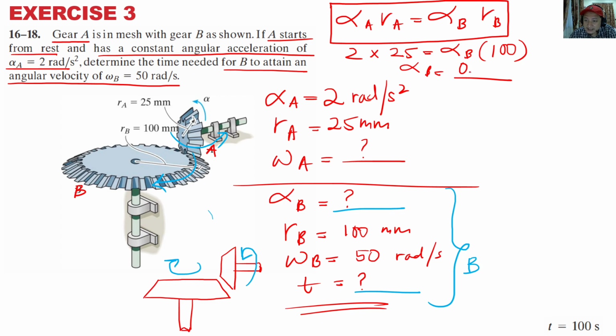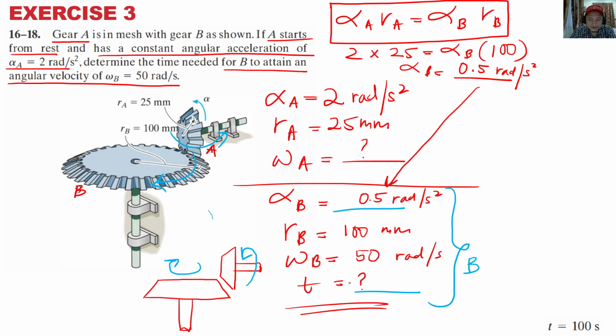Alpha B is actually 0.5 radian per second squared. Okay, so alpha B is solved, 0.5 radian per second squared. You need to get t.